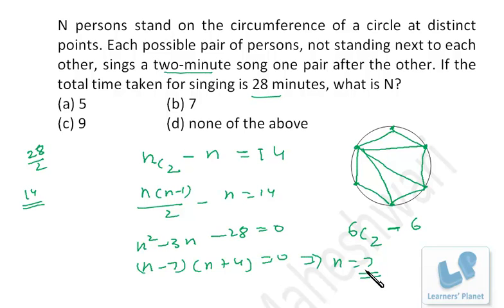That means if we talk about the polygon, it is a 7-sided polygon or a heptagon, or if we talk about this particular situation, there are 7 persons, right? So a concept that we discussed, this particular question is an application of that concept, and I hope you are clear. It's a really good question and it came in CAT 2004, right?